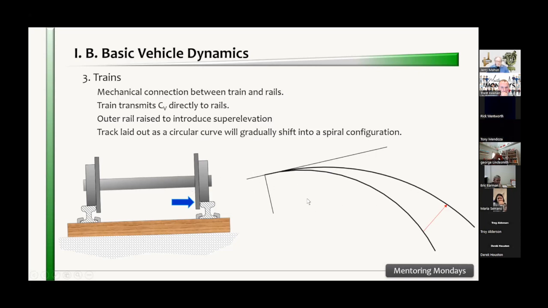Well, rather than let the train decide where the track is going to go, we design it that way to begin with. So we lay them in spirals to begin with, which is why in rail, whenever you're dealing with high-speed rail, and high speed for rail means anything basically over 30 or 35 miles an hour, we have to put in spiraled curves in order to fully balance the forces acting on the train.